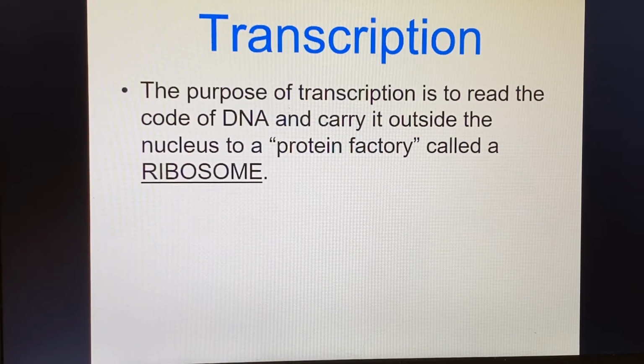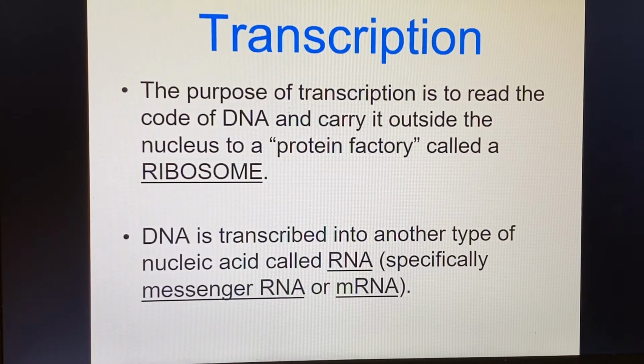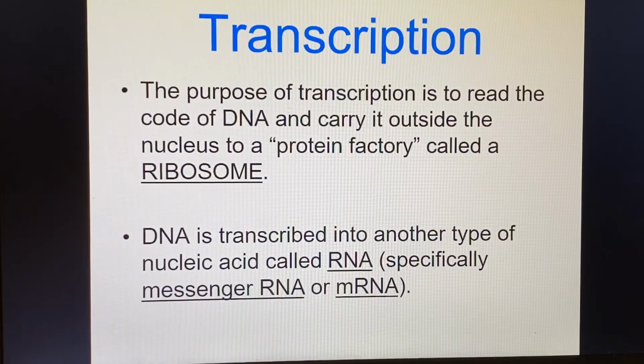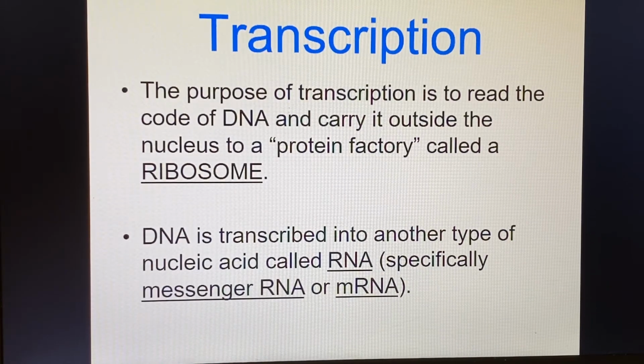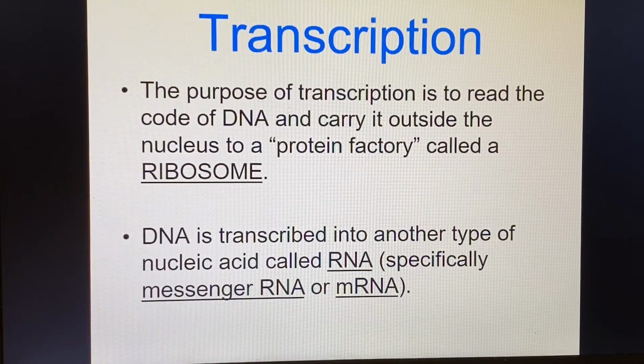Transcription and translation happen in bacteria and in eukaryotic cells exactly the same way. The only difference is that there's not a nucleus in bacteria. To read the message, DNA is transcribed into another type of nucleic acid called RNA. Specifically, we call it mRNA or messenger RNA, which makes sense because it's carrying a message.